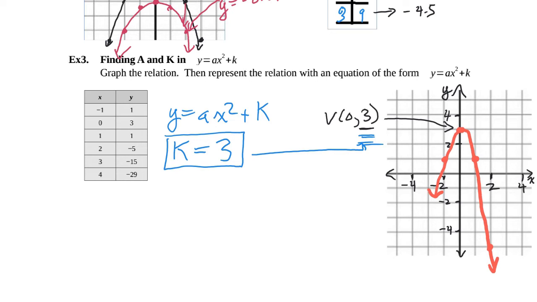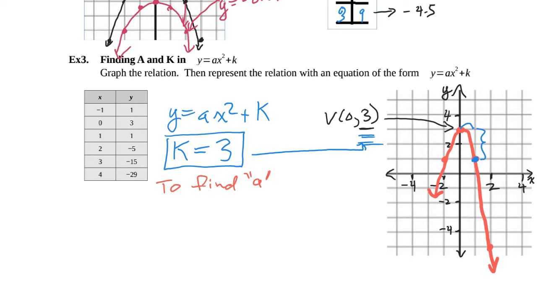Now, in order to find the a value, what you have to do is you have to literally look for this. Go over 1 and find out how far it goes down from the 1 over and down.